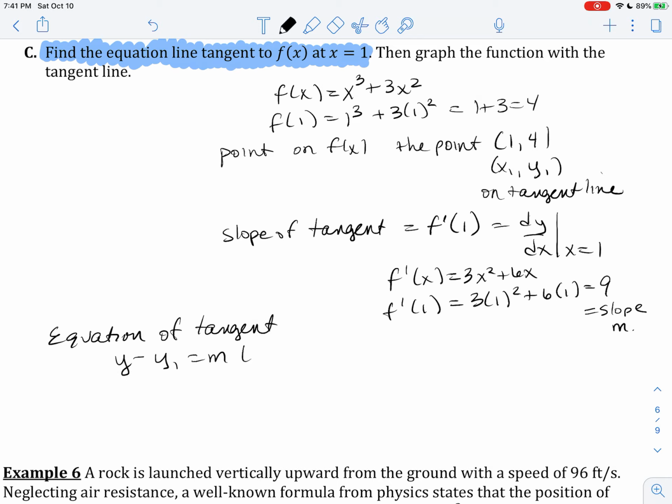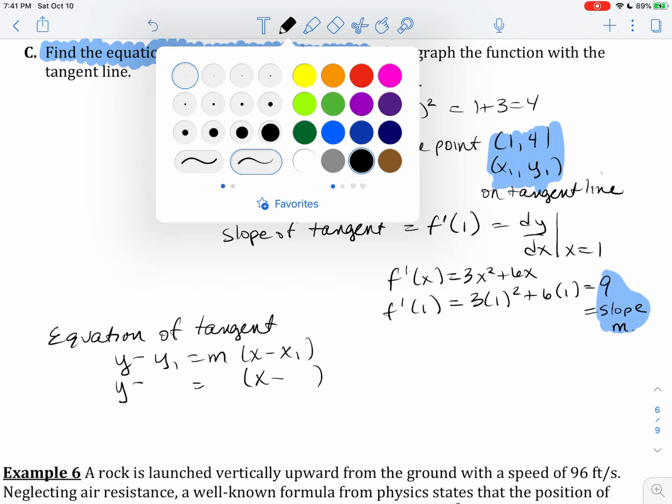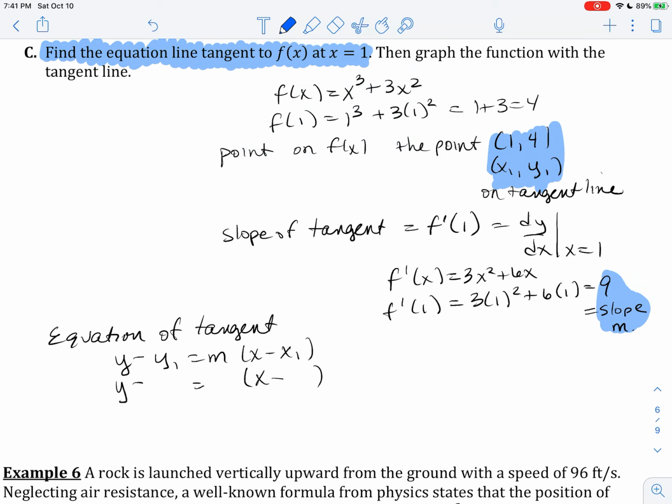So we have a point, we have a slope, so we can say the equation of the tangent is just going to be y minus y1 equal to m times x minus x1, and we want to plug in our values that we have. Our x1, y1 is the point 1, 4, and our slope is 9 because it's f prime evaluated at 1. Then we would solve for y to put it in slope-intercept form.